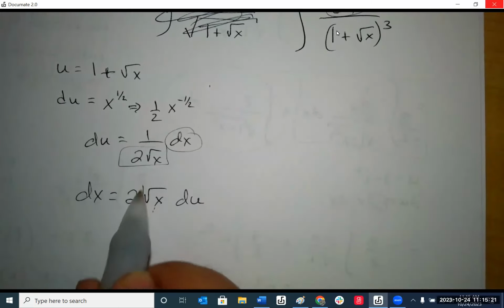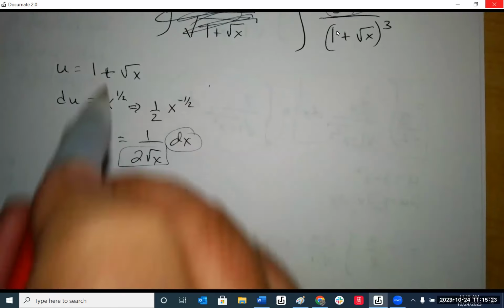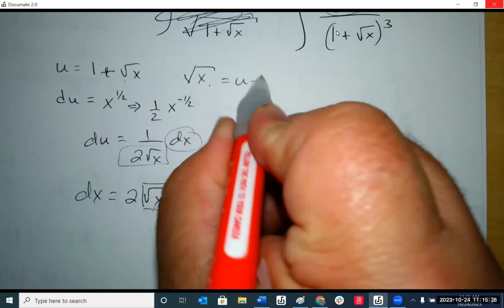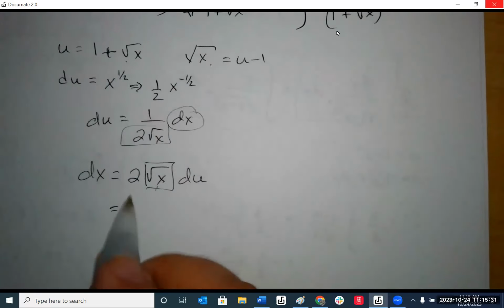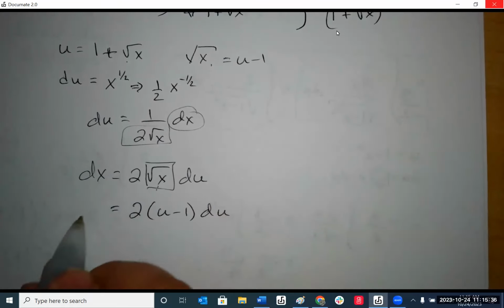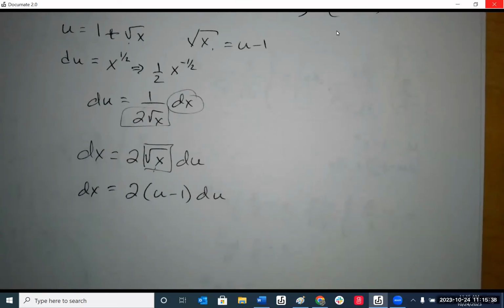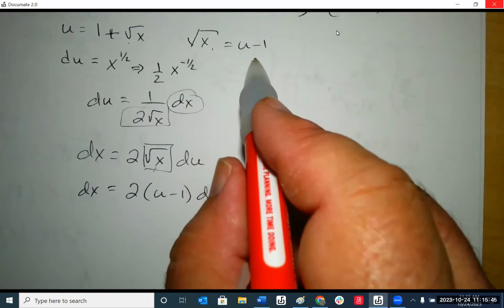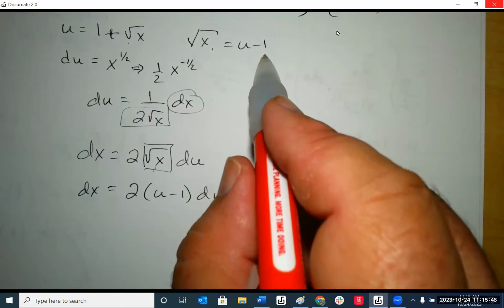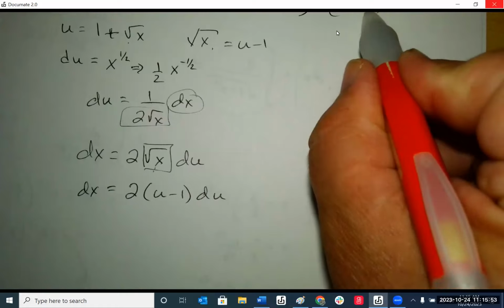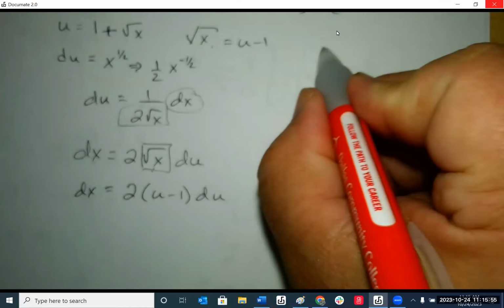What's radical x? If we solve for radical x, we get u minus 1.